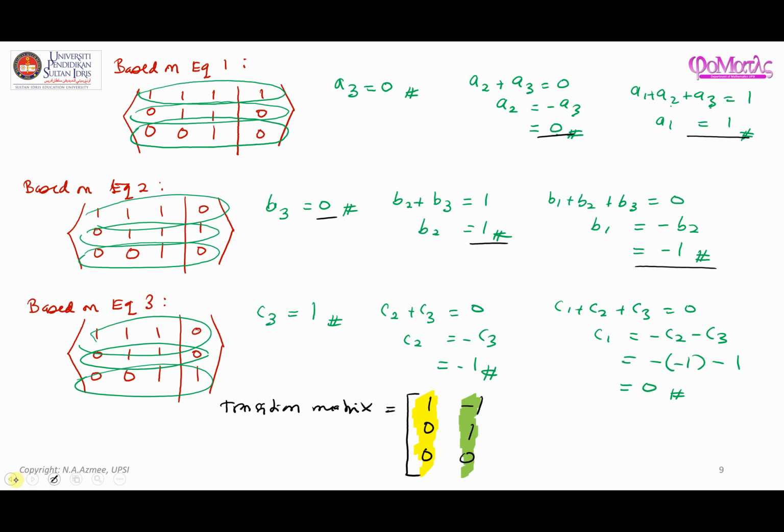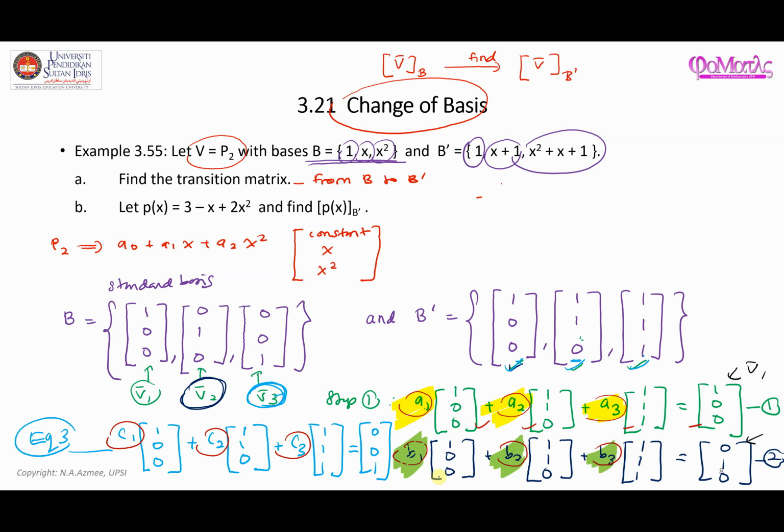So the second column here is related to, again, the equation for the old vector from the old basis as a combination of the new vectors from this new basis. And then we move on to the third vector. The vector here is the third vector from the old basis as a combination of all the new vectors from this basis.